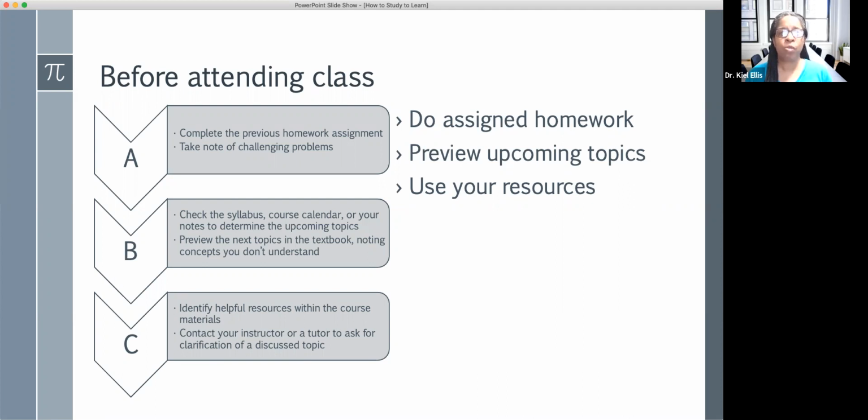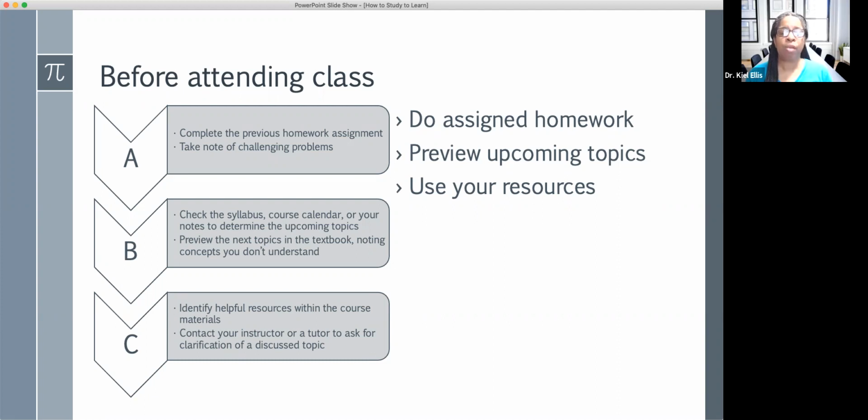Also, before class, you want to check your syllabus, your course calendar, or even your notes to determine what the upcoming topics are. Not only determine what they are, but preview those topics either in your textbook or in the course resources. Your textbook is a totally underused but valuable resource.